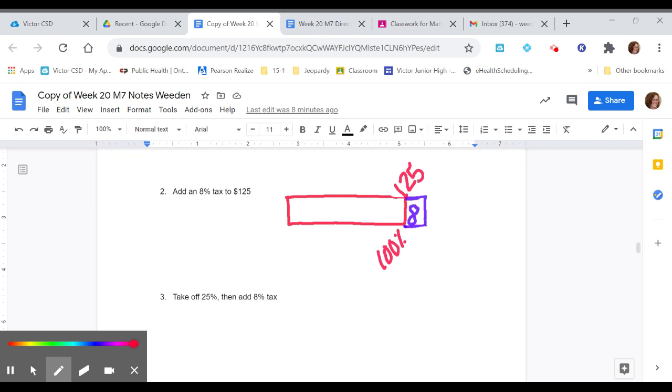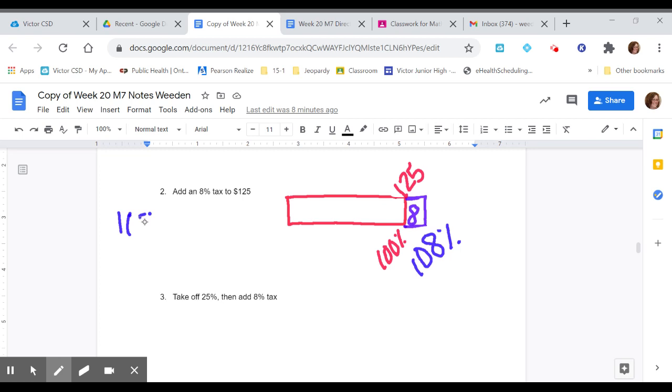Our other option is to add on the 8% first and then use that in our expression. So if I've shown here $125 is our 100%, our original price, but then if we add on 8%, we're at 108%. So we can find 108% of 125.